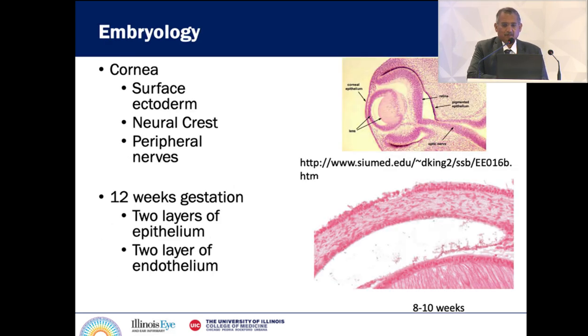This is a revision of what we know: the epithelium comes from the surface ectoderm, and the rest of the cornea mostly from the neural crest. In the fetal cornea, you have multiple layers of epithelium as well as multiple layers of endothelium.